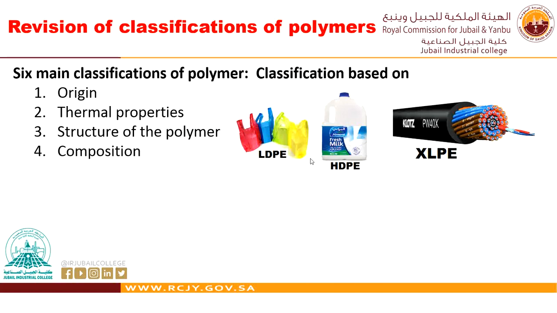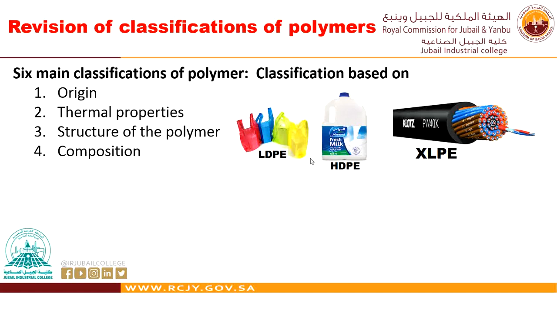The next classification is based on composition, that is the type of monomers that are used to produce the polymer. If a polymer is made from one type of monomer, it is called a homopolymer. If it is made from two types of monomer, it is called a copolymer. And if it is made from three different types of monomer, it is called a terpolymer.